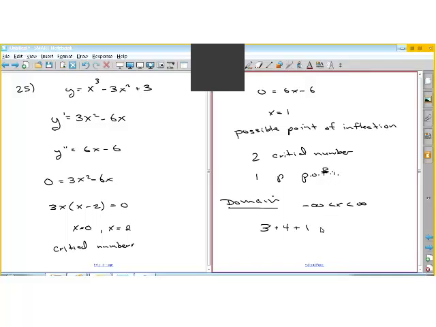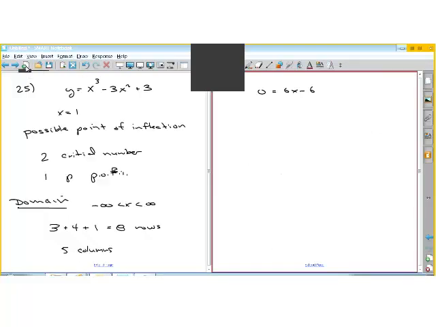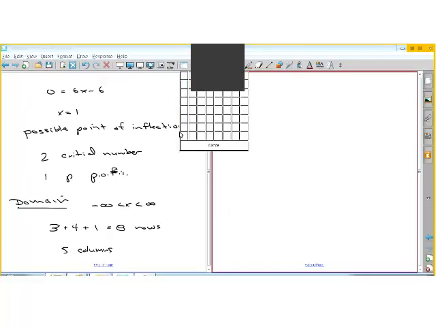So it looks like we need a table that has 8 rows. And we have 5 columns because that's how it works out. So let's make our table now. So it's going to be 8 rows by 5 columns.